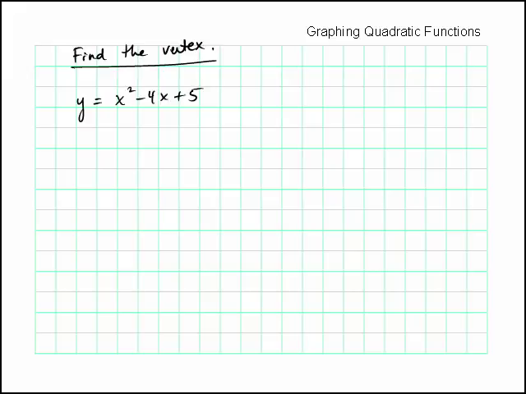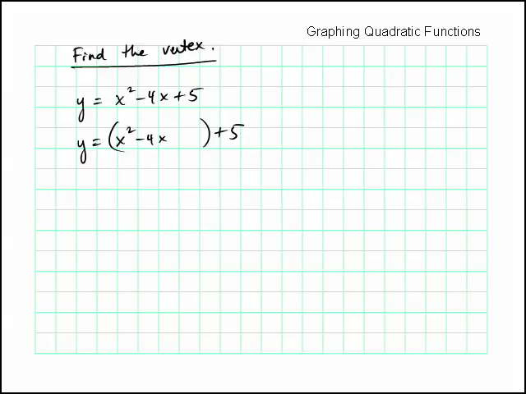There's a couple ways to get it. The method I'm going to show you right now is the completing the square method. I'm going to write that in the completed square form, and the way I do that is I move the 5 out of the way like that, and then I complete the square.